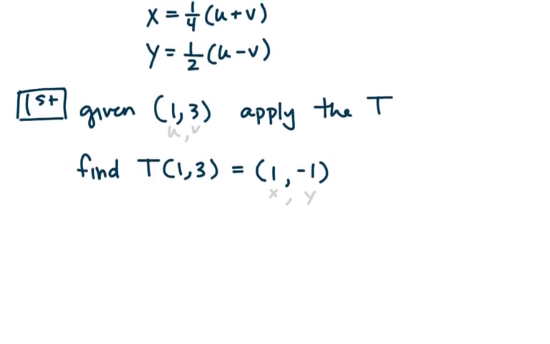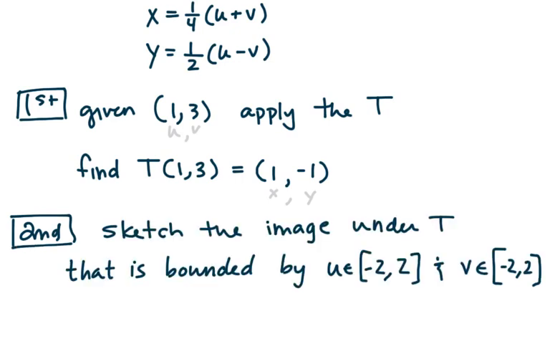All right, the next thing we're going to do is think about visualizing this. We're going to sketch the image under this transformation that is bounded by u between negative 2 and 2, and v between negative 2 and 2. We're going to visualize this in both planes.